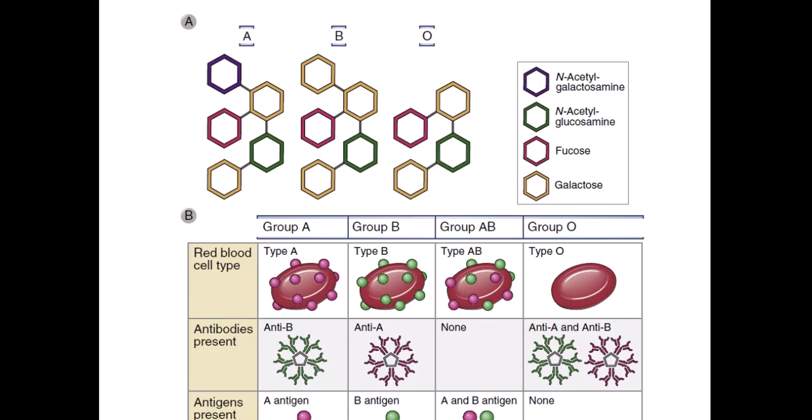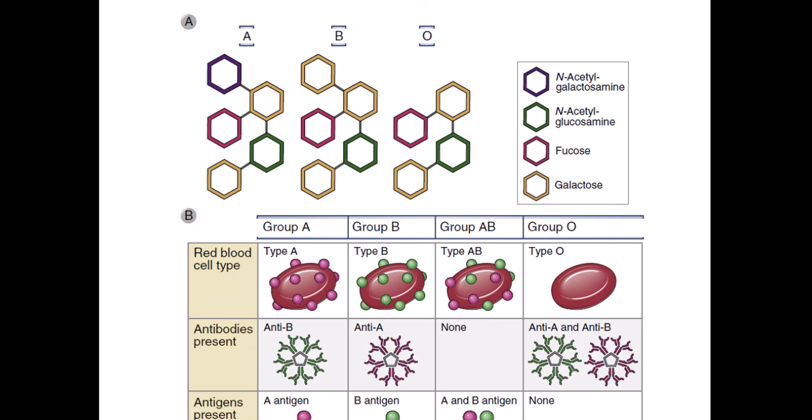And as I said, the backbone structure here for the H antigen, in certain patients it could be missing, and if this is missing, then that patient is going to have anti-A, anti-B, and anti-H.